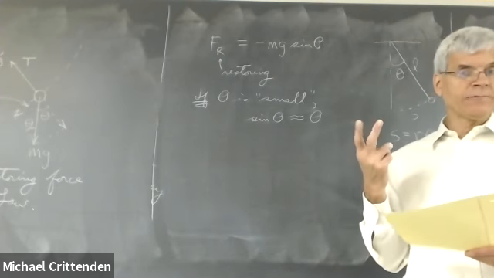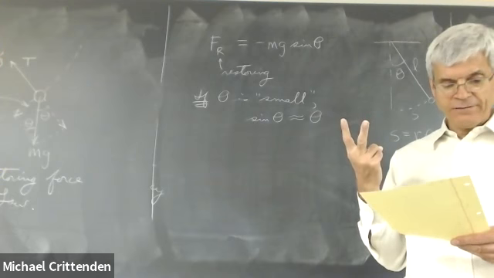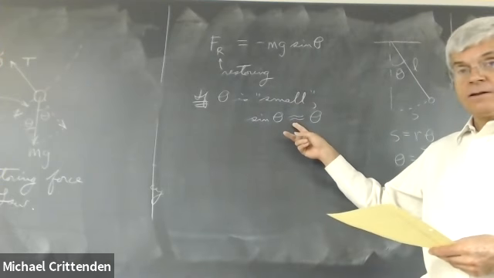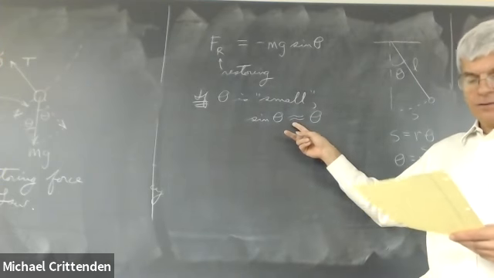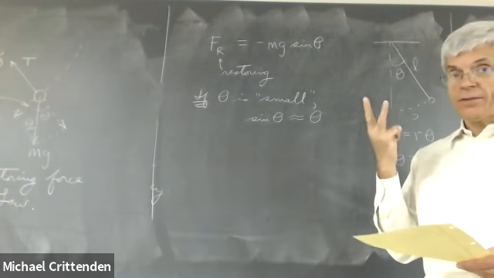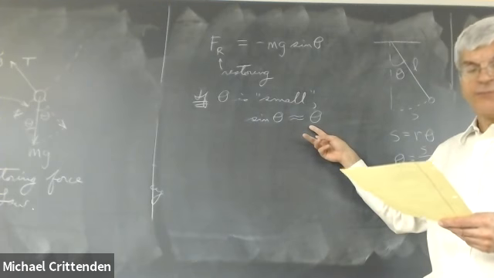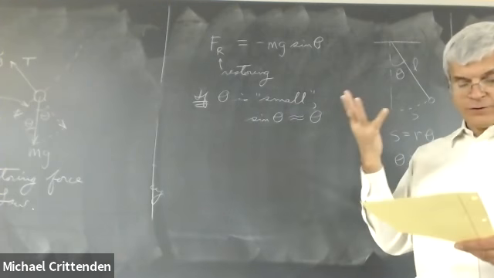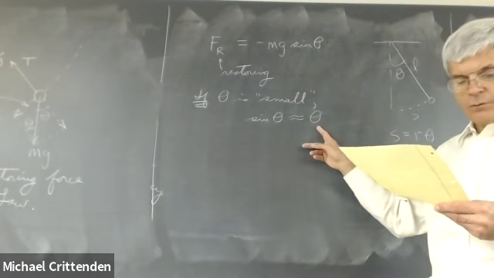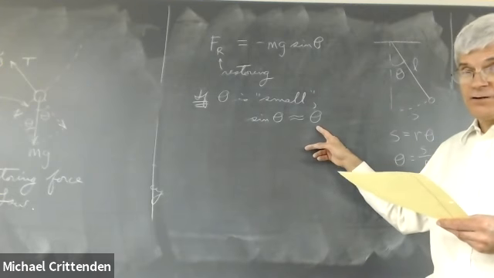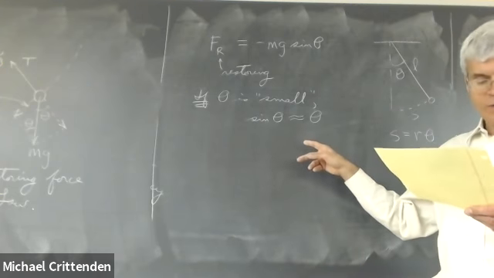If all you want for your numbers is 2 significant figures, you can get this to work out to 18 degrees. If you want 3 significant figures, this will work to 4 degrees. If you want 4 significant figures, this will work to 1 3/4 degrees. And that's where I stopped.